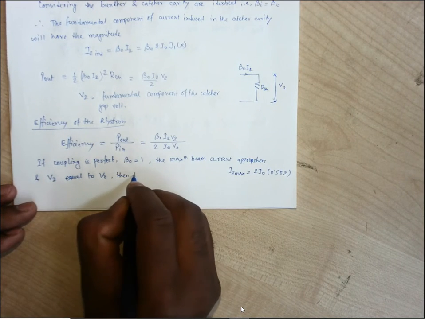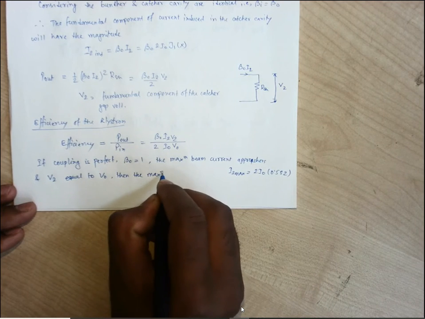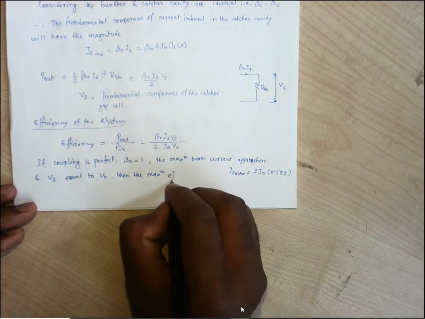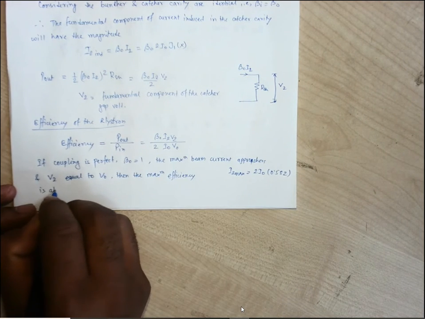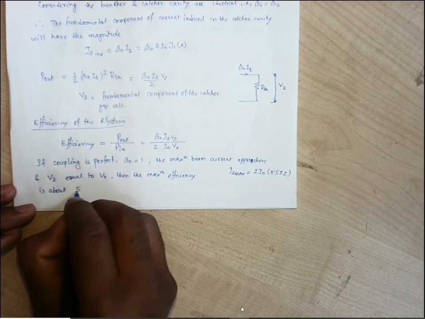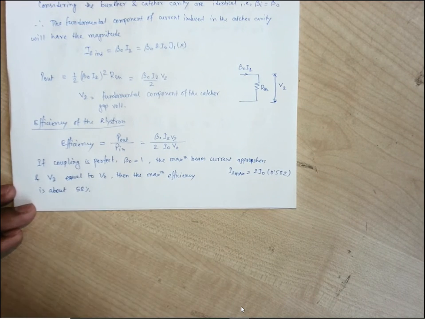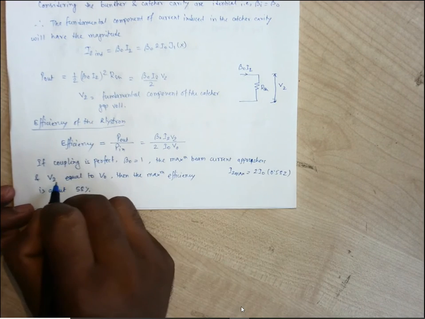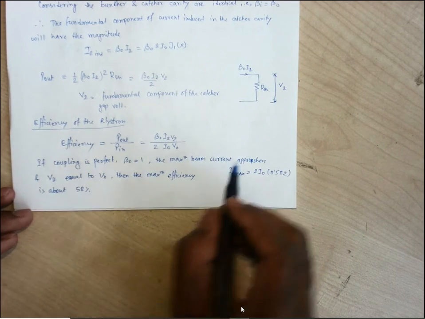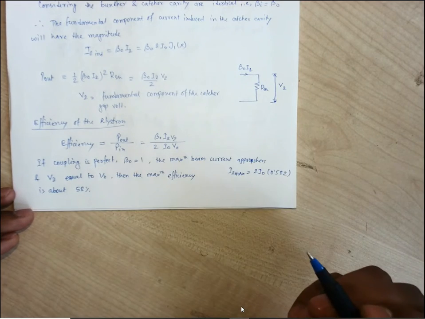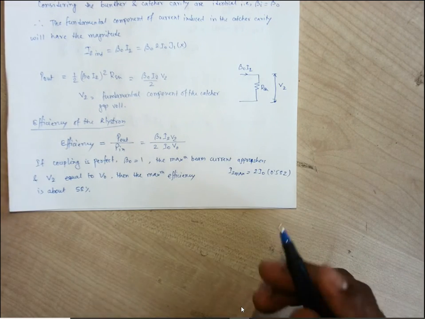Then the maximum efficiency is about 58% only. Maximum efficiency of this klystron is about 58%. So this is the I2 max. If the gap voltages of both the cavities are same, then we can find out the maximum efficiency is almost 58%.